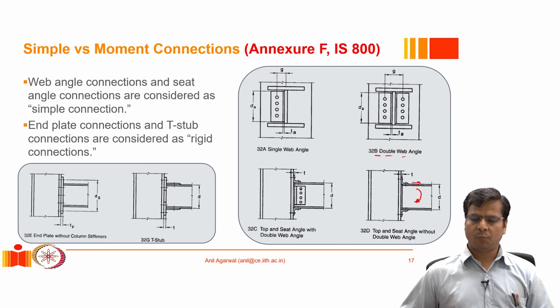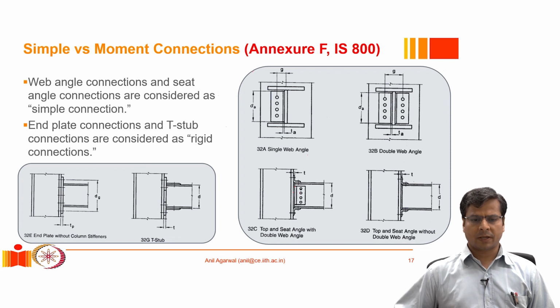When it is pulled inside, it can resist the load very effectively, but when it is pulled outward, it cannot resist much load and it will deform very easily. Therefore, these connections are relatively very flexible when they are subjected to moment demand, and that's why these can be considered as simple connections.